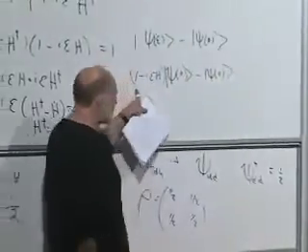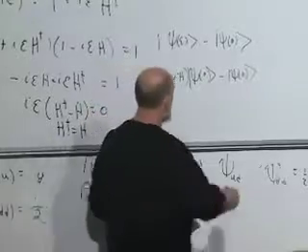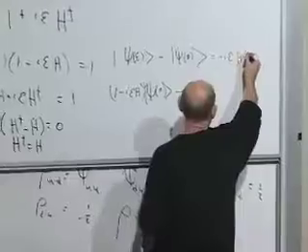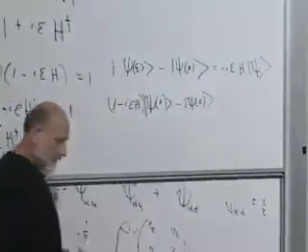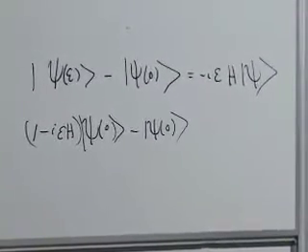Well, that just means the 1's cancel. Psi of epsilon minus psi of 0 is just equal to minus I epsilon H psi. It's just the difference between them, the extra little piece in U that comes from here.